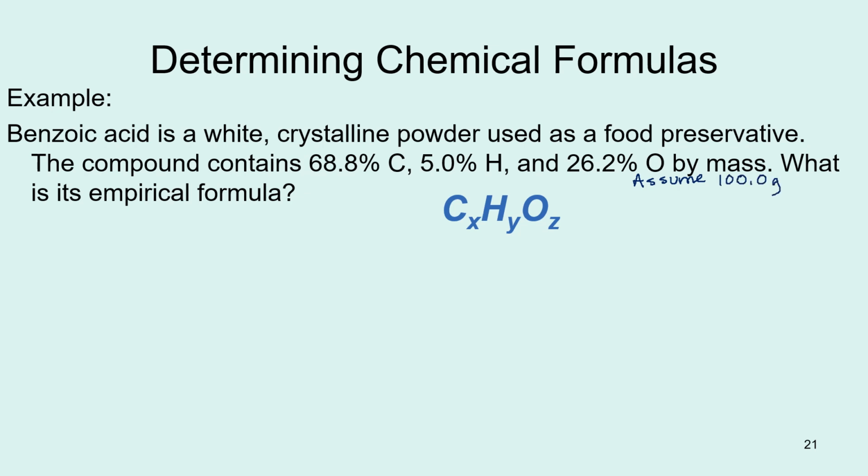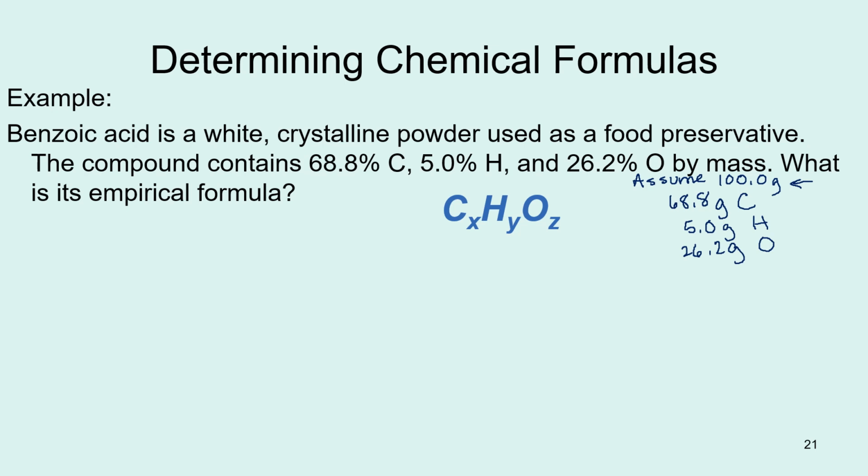If I have 100 grams, that means I have 68.8 grams of carbon, I have 5.0 grams of hydrogen, and I have 26.2 grams of oxygen. So my percentages can just be converted to grams if I make that assumption. So now I know the gram ratio, mostly carbon, tiny bit hydrogen, a little bit of oxygen.